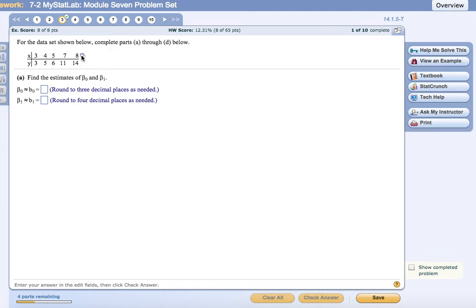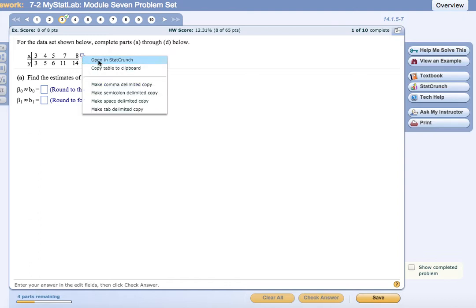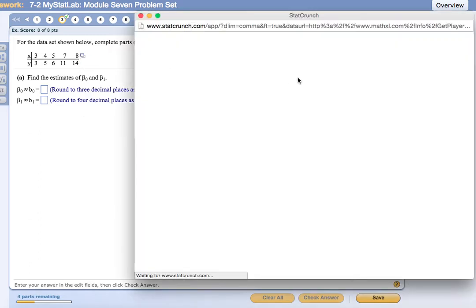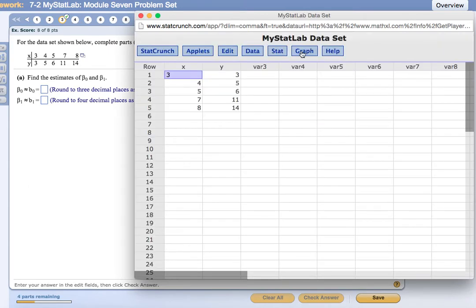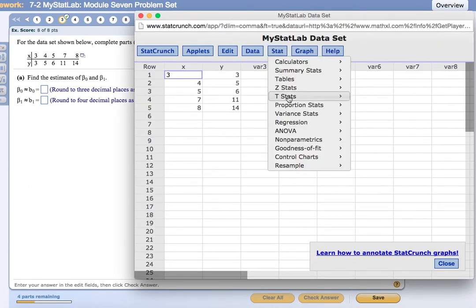So first thing we're going to do is take this data set and open it in StatCrunch, and then from there we're going to go into Stat menu and then Regression. This is a simple linear regression because we only have one independent and one dependent variable, so only one independent variable of x.